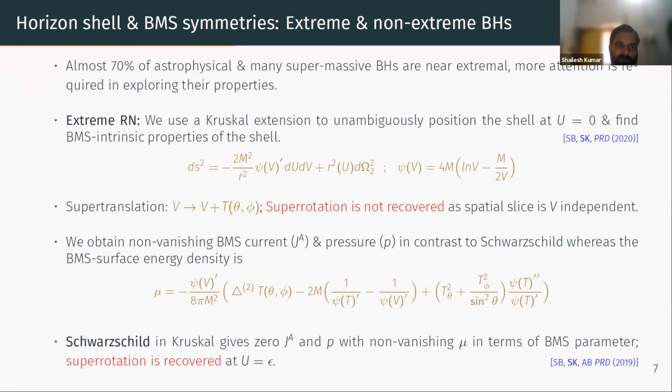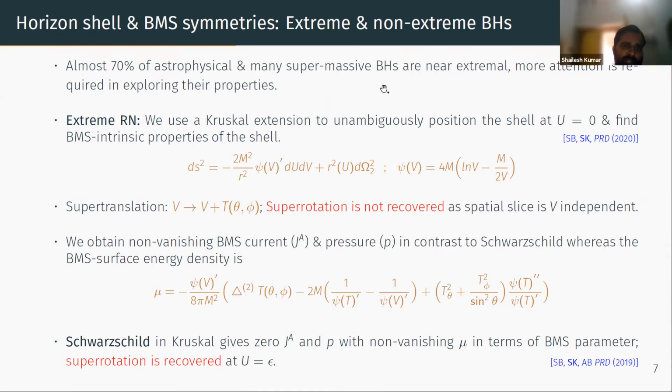It has already been shown that almost 70% of astrophysical and many supermassive black holes are near extremal. So more attention is required in order to explore their properties. The goal is to place the null shell unambiguously at the horizon. That will be our horizon shell, and we will try to find the BMS intrinsic properties of the horizon shell.